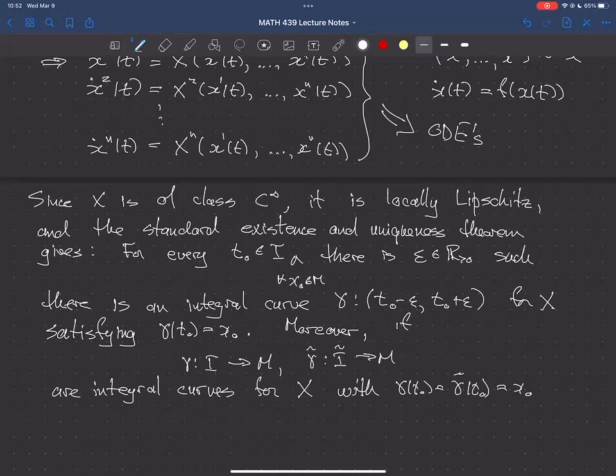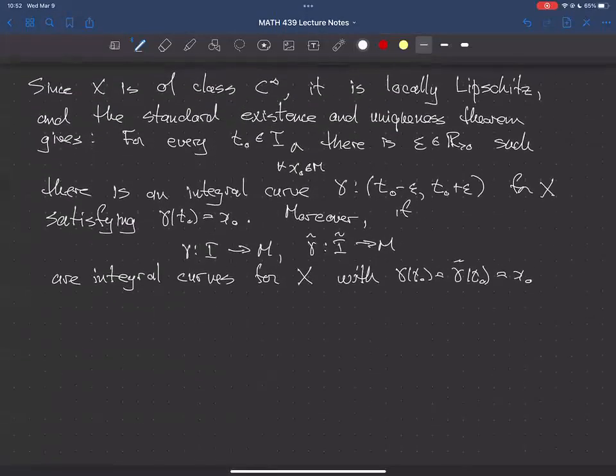The best you can say, because they're defined on different intervals, is that they agree on the intersection of those intervals I and I tilde.